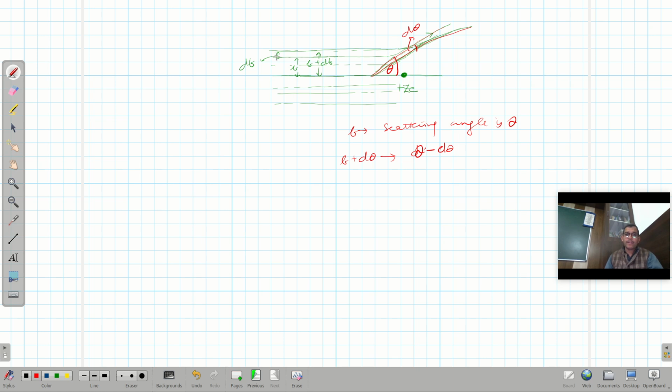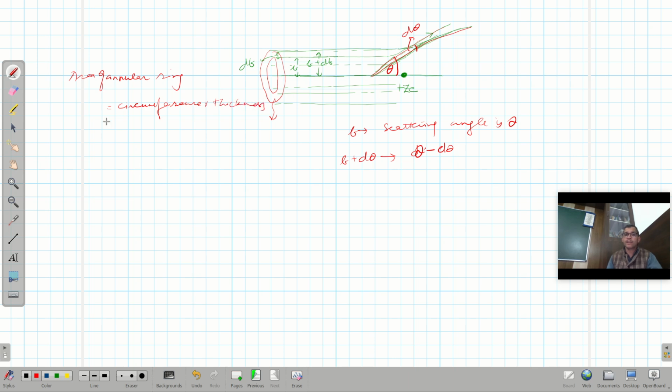So this will form an annular ring, and what is the area of this annular ring? The area of the annular ring is its circumference multiplied by its thickness.